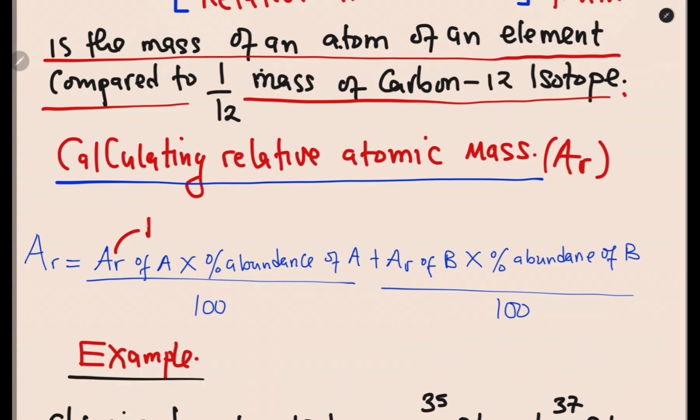So you're saying relative atomic mass of A multiplied by percentage abundance of A, plus, and the whole of this divided by 100, then plus, if there are two, relative atomic mass of B, which means the second one, multiplied by the abundance of B, divided by 100.